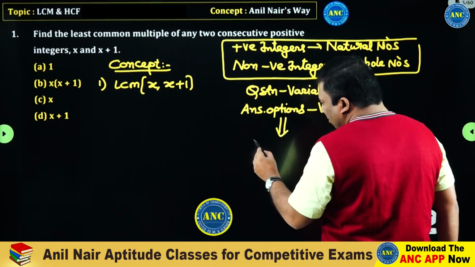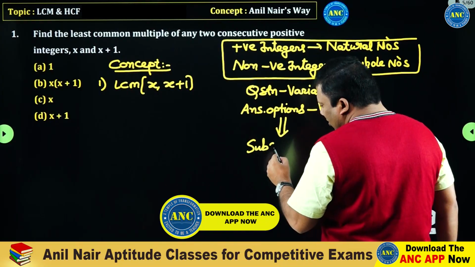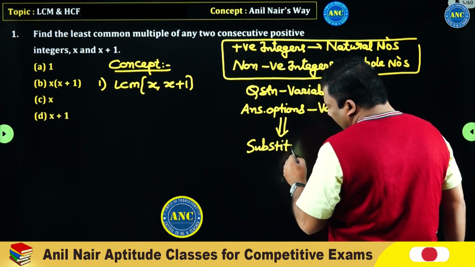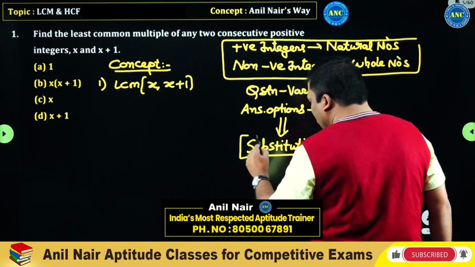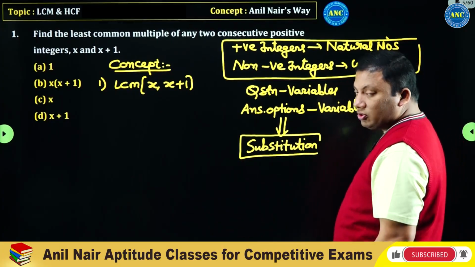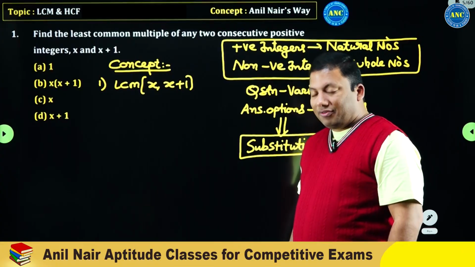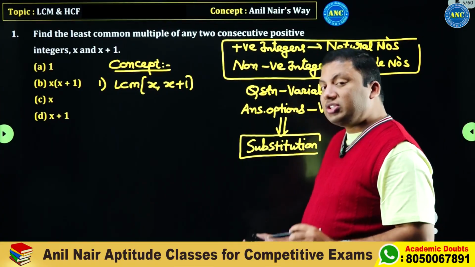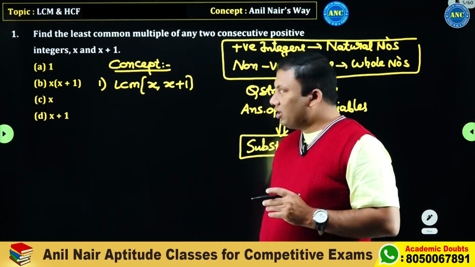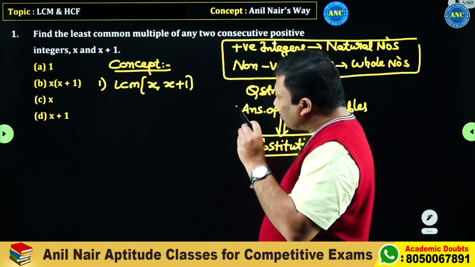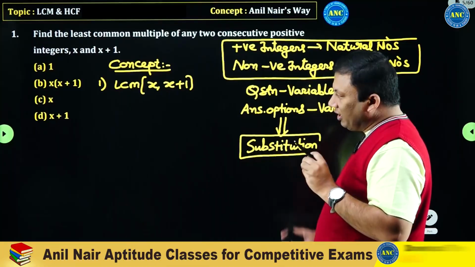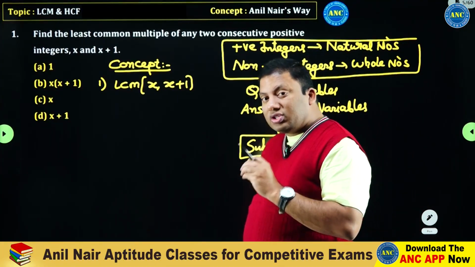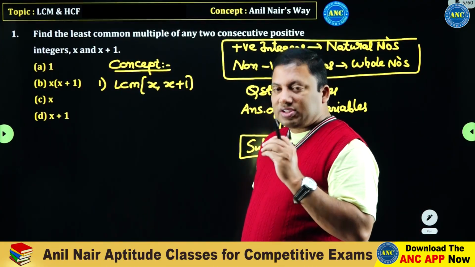The best method to solve this kind of question is substitution. I will come back to this question. Always remember, this is the concept being tested: the question has variables, the answer also has variables, so the method used to solve this problem will be substitution.